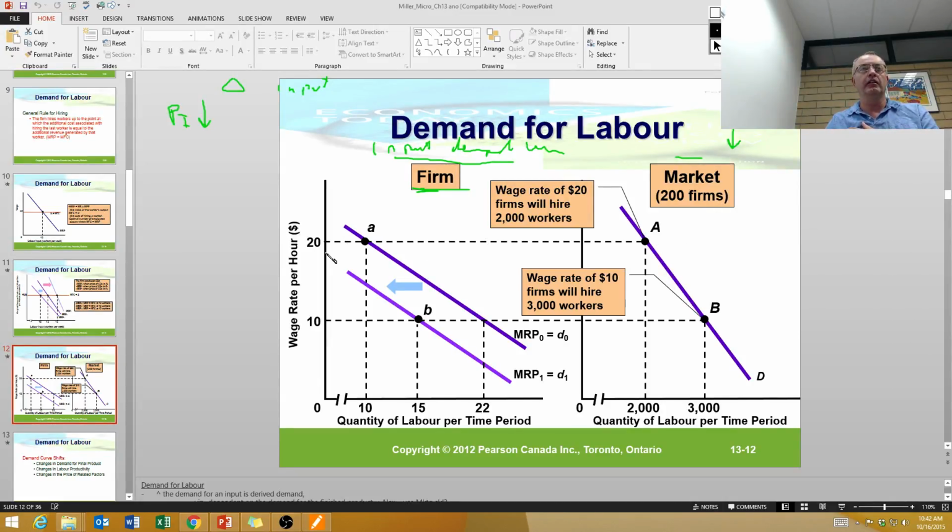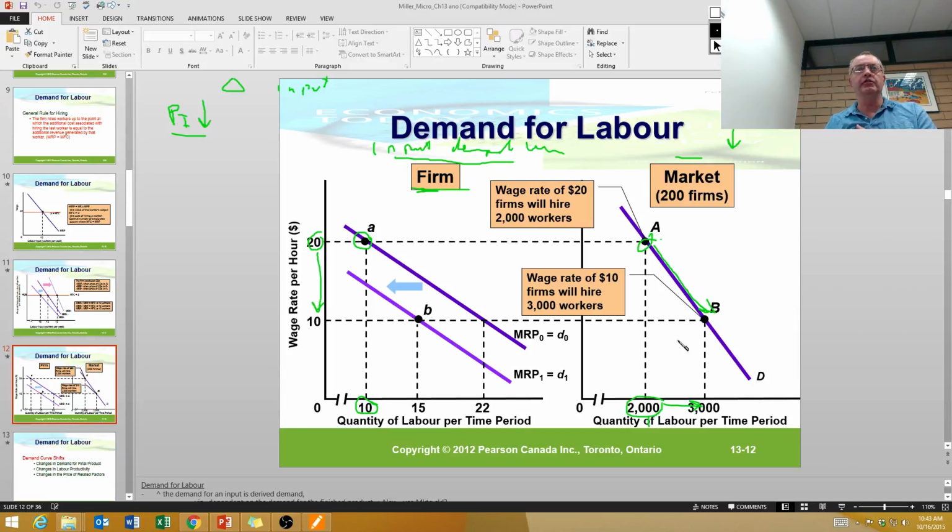So in the market, our starting point here is a price of 20, and our equilibrium quantity in the whole industry is 2,000 units of labor, and for the individual firm, it's 10 units of labor. So if the price of the input declines from $20 down to $10, then the quantity demanded in the industry is going to increase. That's the law of demand.